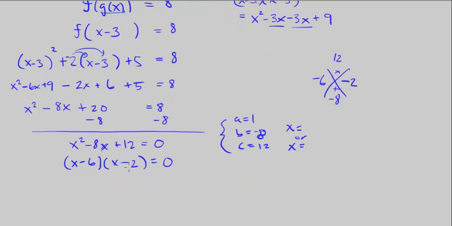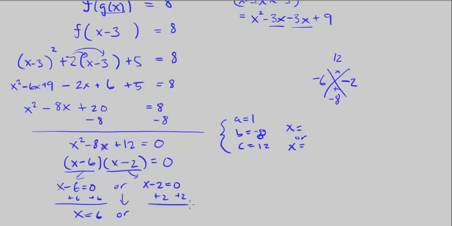Since we're multiplying two terms and they equal 0, either this one equals 0 or this one. So x minus 6 equals 0, or x minus 2 equals 0. Then I just solve for x. I add 6 to both sides, I get x equals 6. Or, add 2 to both sides, x equals 2.